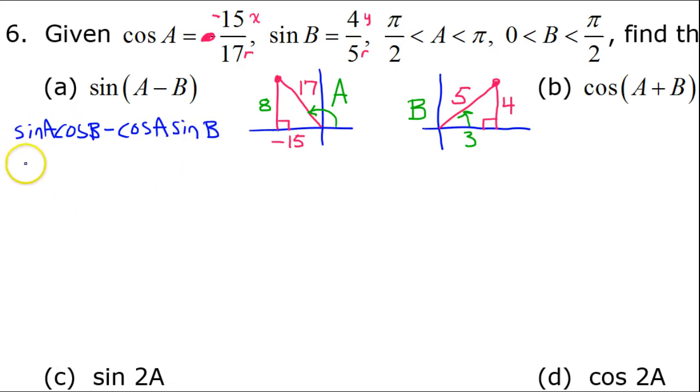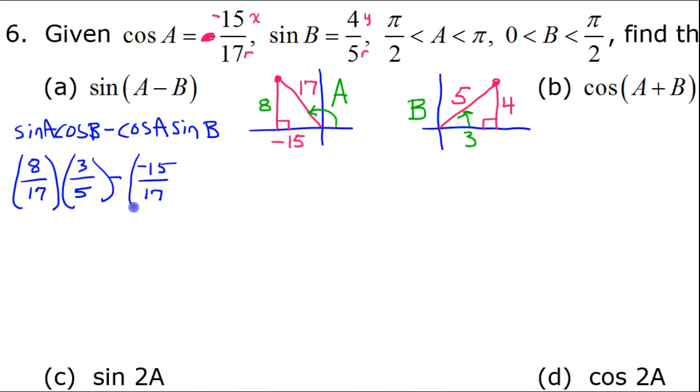So sine of A, that's going to be 8 over 17. Cosine of B, that's 3 over 5. Okay, now cosine of A, that's negative 15 over 17.